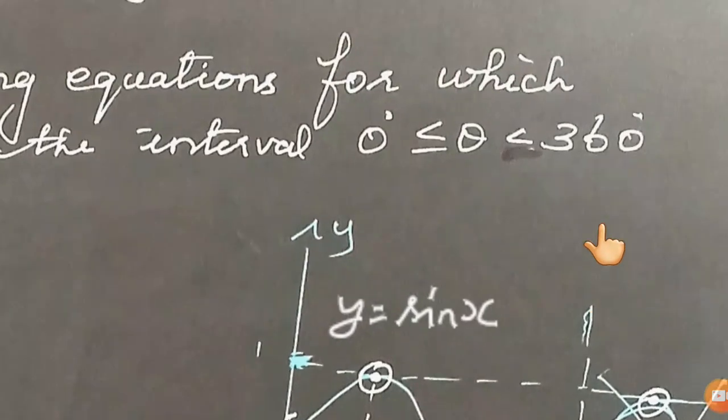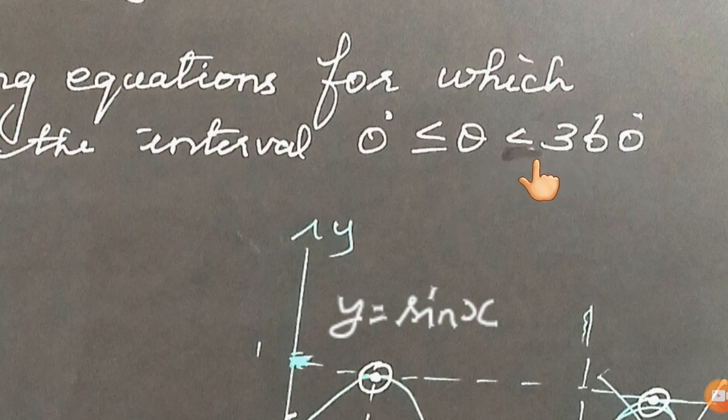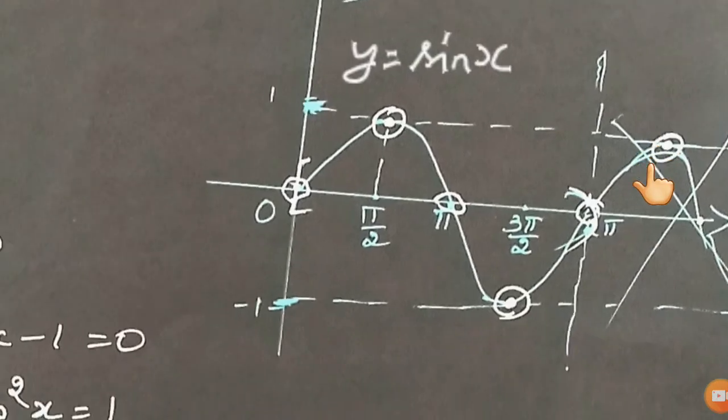Here they have given up to 360 degrees, that is 2π. Here there is no equality sign, only less than. Okay, so till 2π you draw the graph. 2π is not included. So even if a point is there at 2π, you should exclude it.